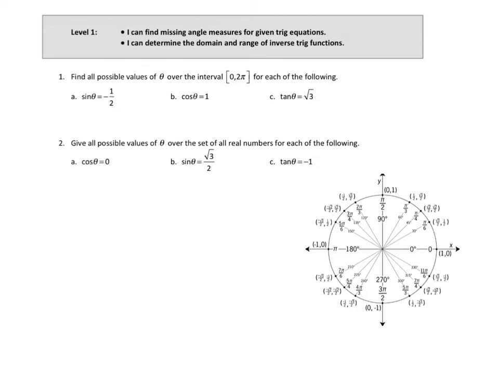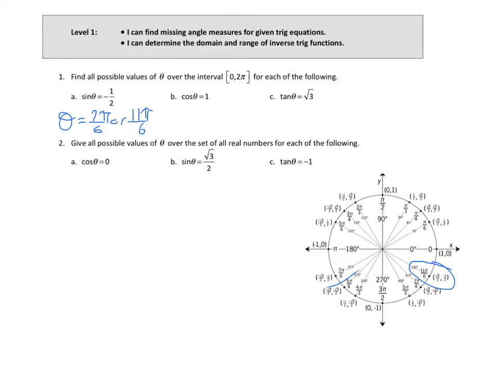So in part A, when we find sine of theta equals -1/2, we're looking for the angles that have a sine value of -1/2 or a y-coordinate of -1/2, which happens at 7 pi over 6 and 11 pi over 6. So theta would equal 7 pi over 6 or 11 pi over 6.